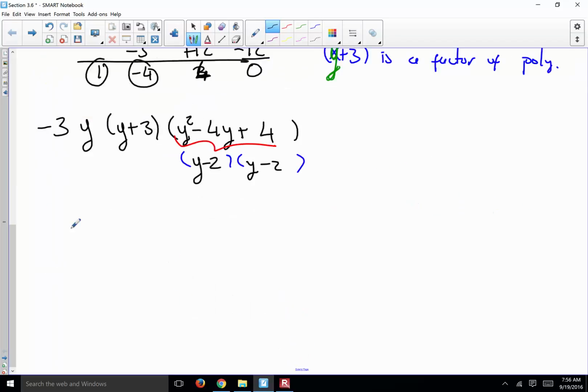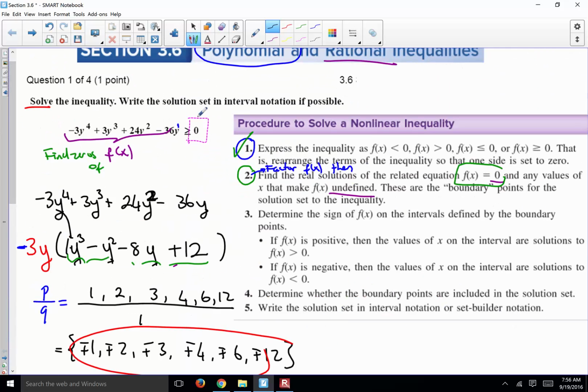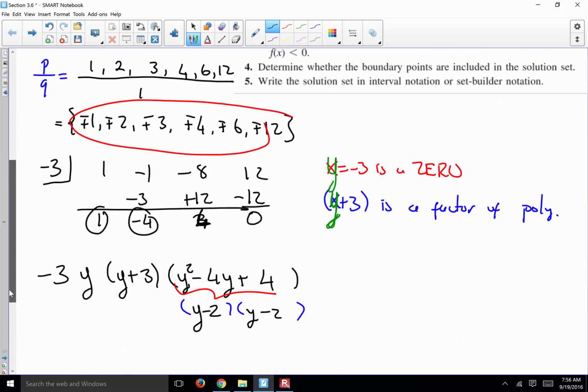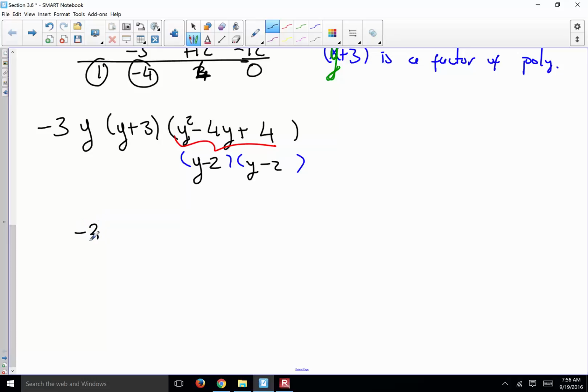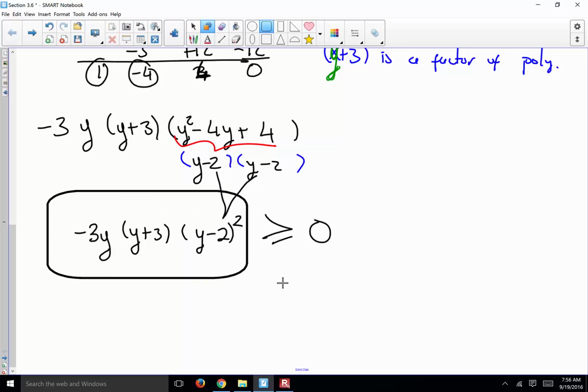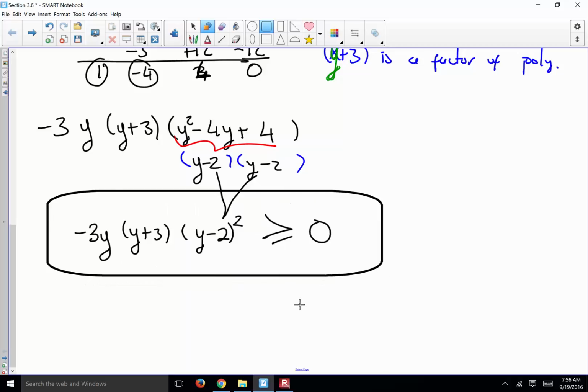I have now this entire expression completely factored as y, y plus 3, y minus 2. Can I call this squared? Make this a square. You don't need to write them separately. Greater than 0. So put this inside the box, because this is important.